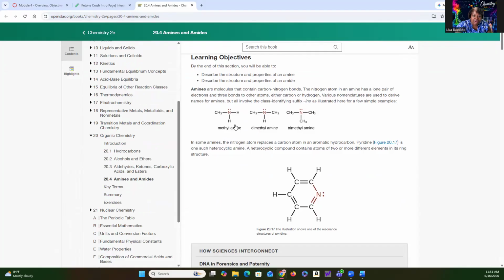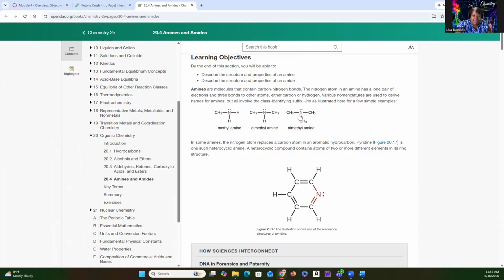And so if you look at our amine, the main portion that makes an amine its signature is this nitrogen group. Okay, so this nitrogen, it could either be attached to hydrogens and a methyl group. So this is methylamine. We can have two carbon groups and a hydrogen, or we can have three carbon groups.